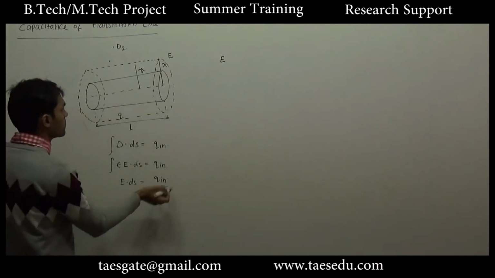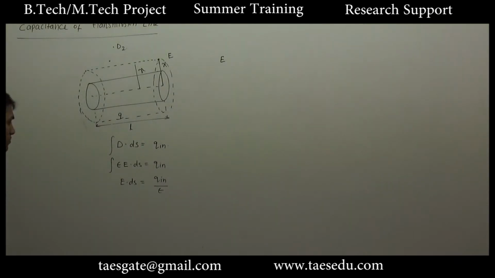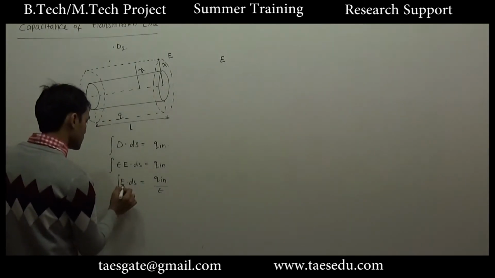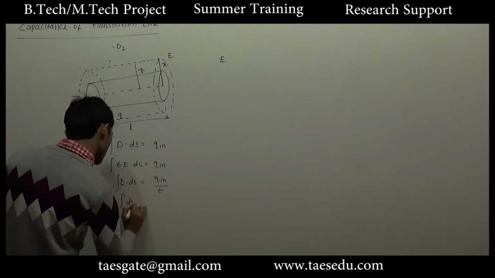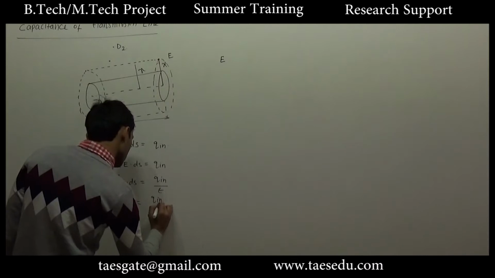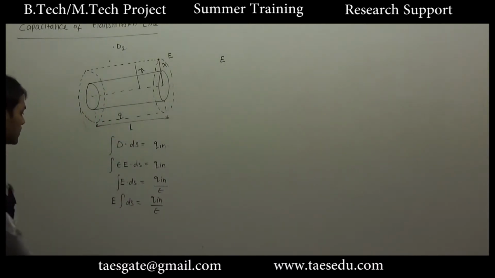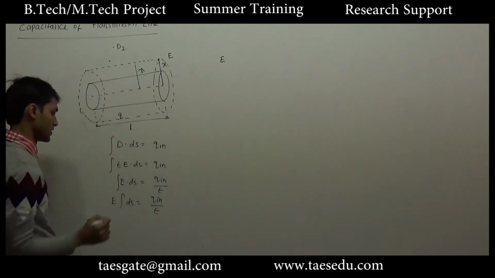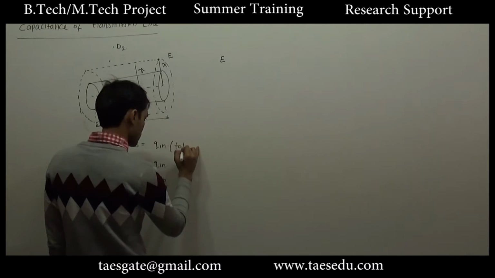Epsilon will be the permittivity of the medium. Since E will be same throughout the surface, E into integration of ds will be charge enclosed divided by epsilon. And what will be ds? ds will be total surface area of the cylinder, and Q is the total charge enclosed.